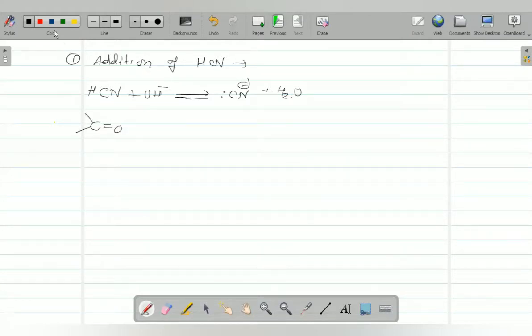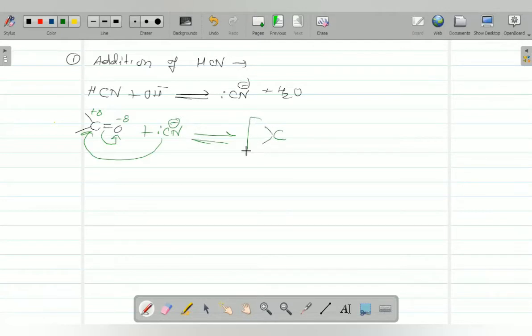How? As we have seen, this is delta negative, this is delta positive. Breaking of the bond takes place, and cyanide being a nucleophile attacks on what? It attacks on carbon. So what will happen?